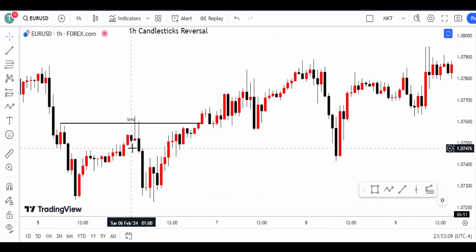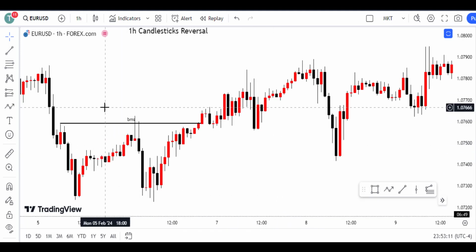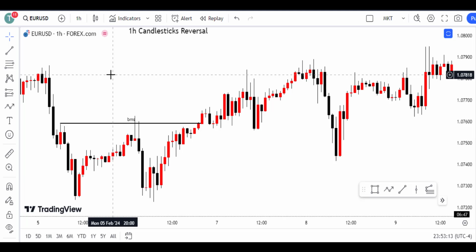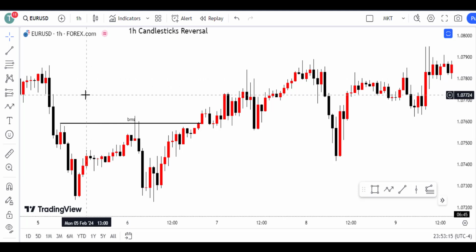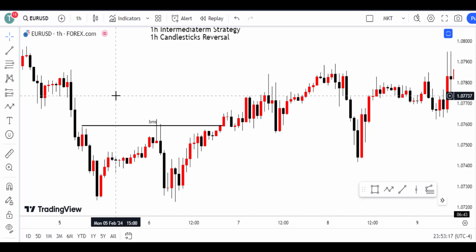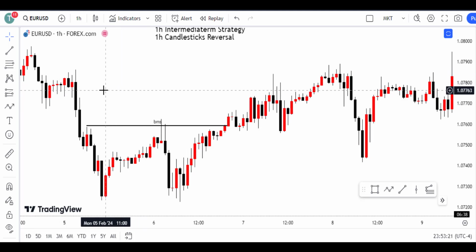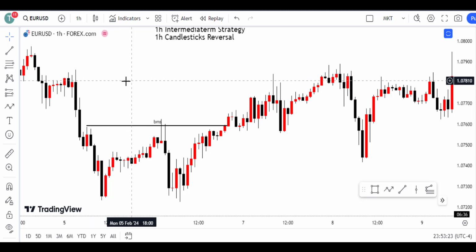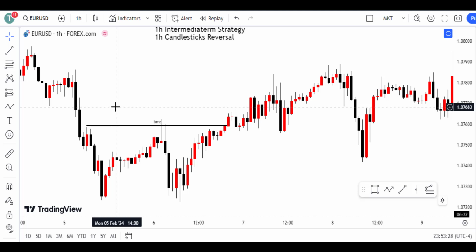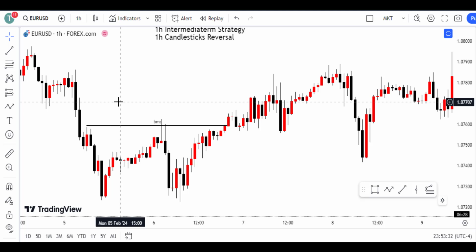In my previous video, I made mention that intermediate term highs and lows is a reversal in the market. This is because when price makes a series of lower lows on the highs and lows, either the 1 hour or the 4 hour, whatever time frame it is, know that time frame is the intermediate term high in the market.